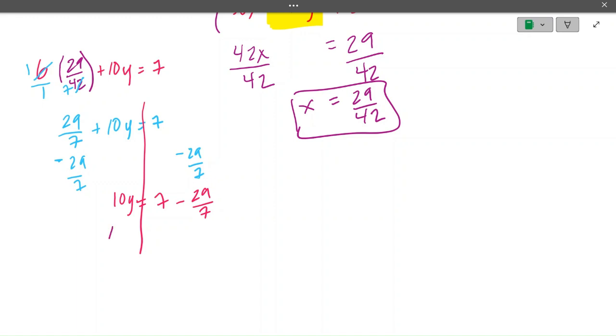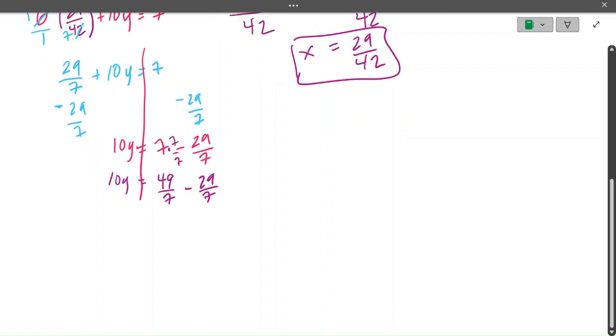If you have a calculator, you could do this, but I need to get a denominator of 7. So I'm going to multiply 7 by 7 over 7. That's creating an equivalent fraction. So that gives me 49 over 7 minus 29 over 7. I've got some fraction videos if you need a refresher on how to add or subtract fractions. All right.